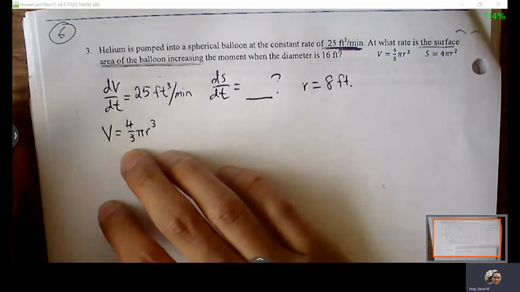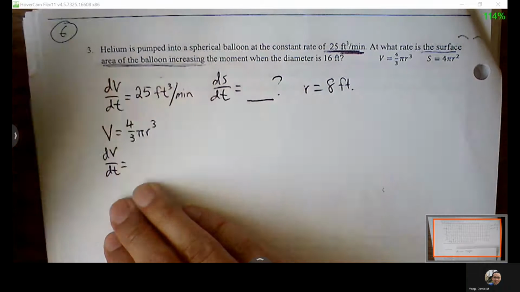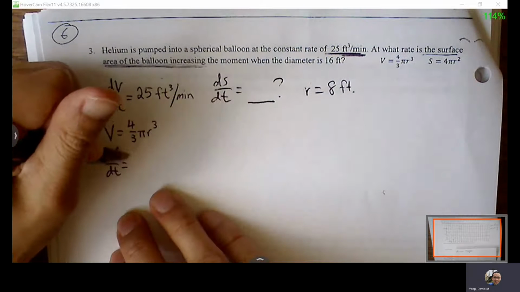Okay, so dV/dt. Four-thirds pi stays, it's just the r cubed.